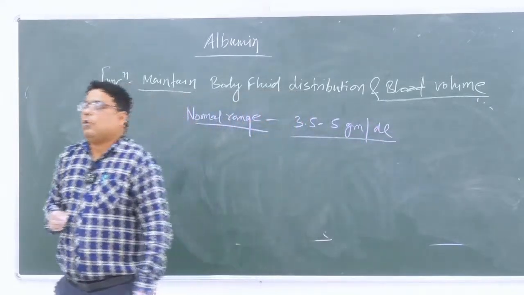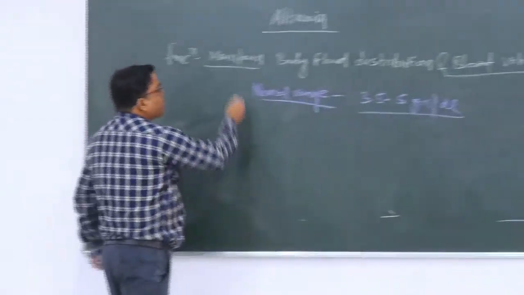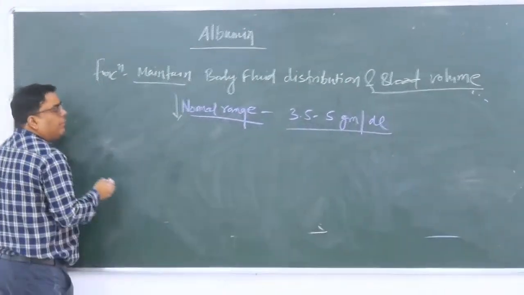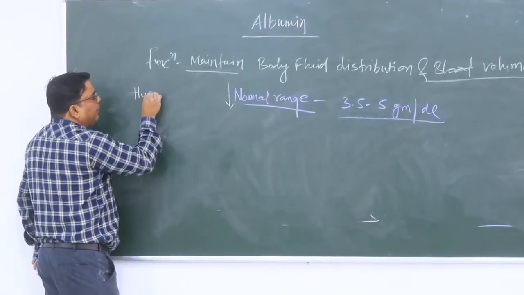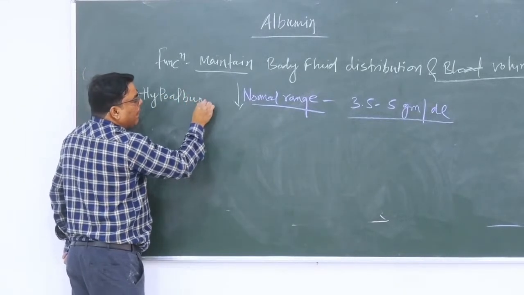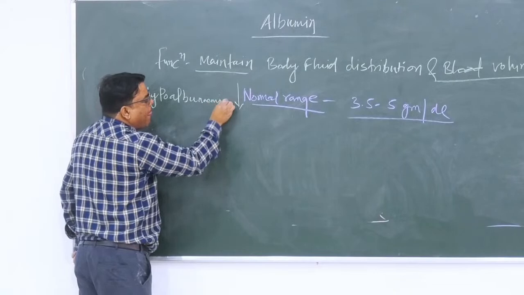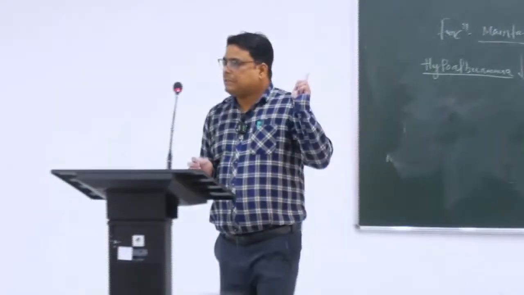This is the normal range of albumin. If a person has a low level of albumin, we call it hypoalbuminemia. Okay.